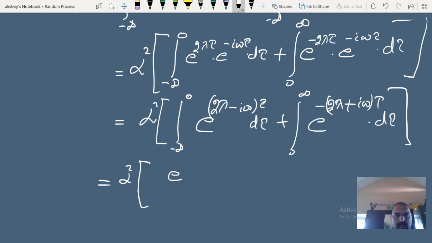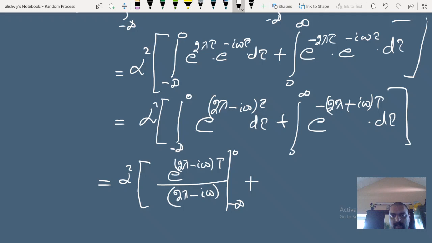So it is e raised to 2 lambda minus i omega into tau, divided by 2 lambda minus i omega, between the limits minus infinity and 0, plus the second integral, e raised to minus of 2 lambda plus i omega into tau, divided by minus of 2 lambda plus i omega, between 0 and infinity.